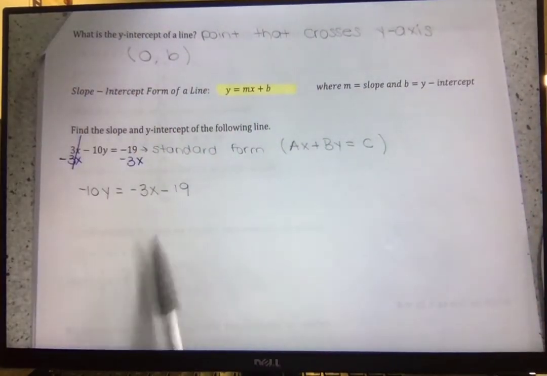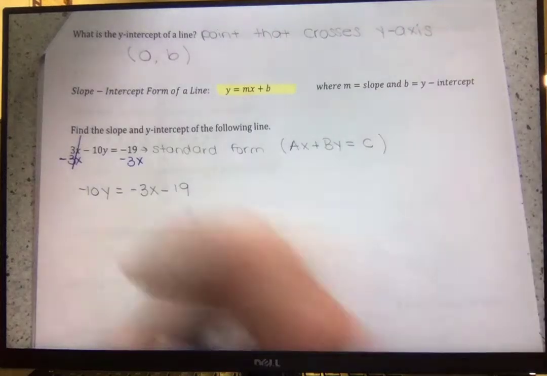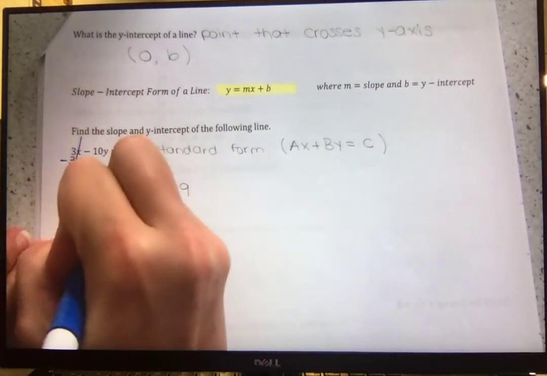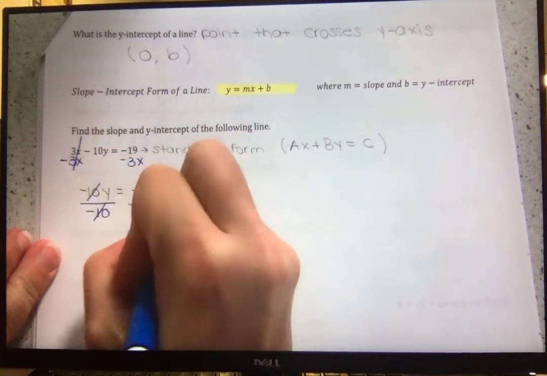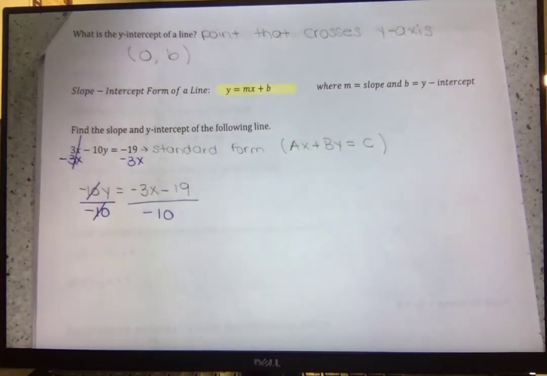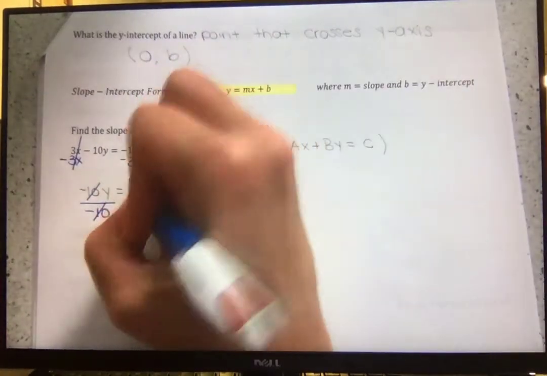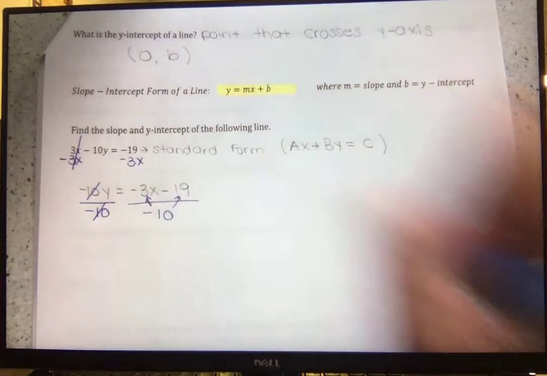That's why I put my x term first. That's why I put -3x first. Last but not least, getting y by itself. Divide by -10. Thank you. Notice we're dividing the whole left side by -10. That means the whole right side needs to be divided by -10. That means both terms are being divided by -10.